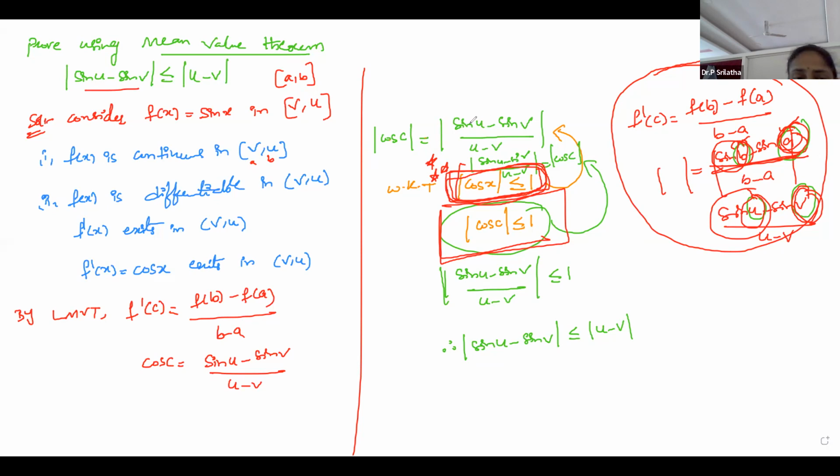So shall I erase? So don't forget these types of formulas. Okay, the problem turning formula here is modulus of cos x less than or equal to 1.